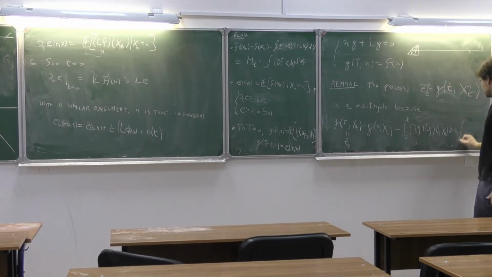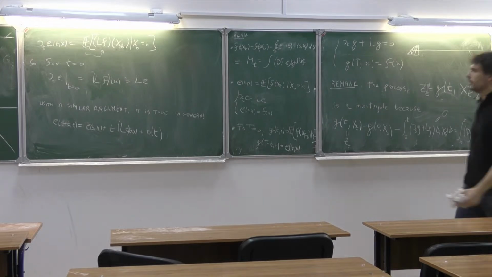This is just the integral between 0 and t of the gradient of g times sigma in xs dWs. But this is 0. This is some number. So that is a martingale, with value 0 at time 0.